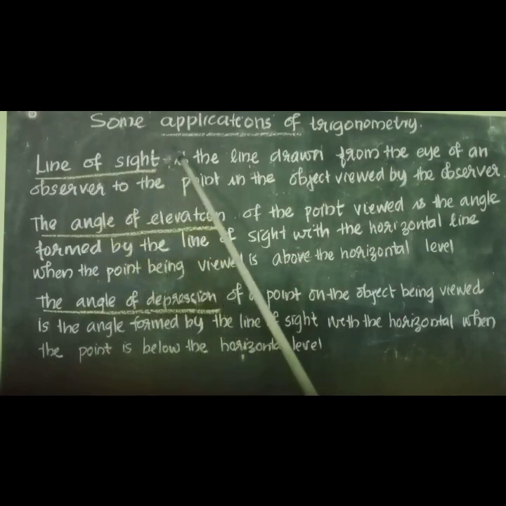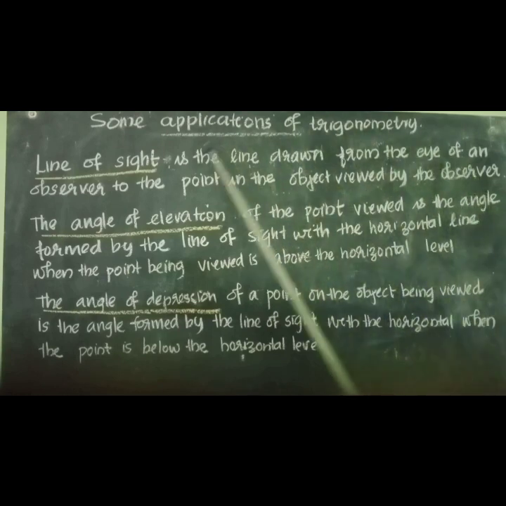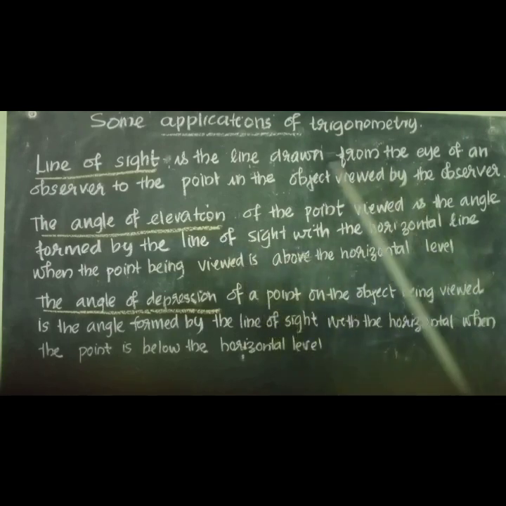So, line of sight is the line drawn from the eye of an observer to the point in the object viewed by the observer. The angle of elevation of the point viewed is the angle formed by the line of sight with the horizontal line when the point being viewed is above the horizontal level.